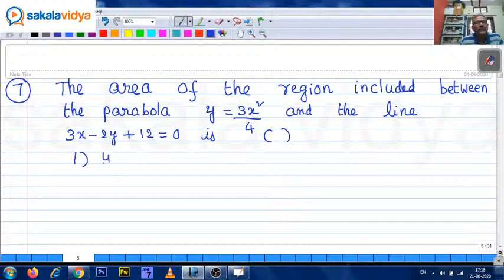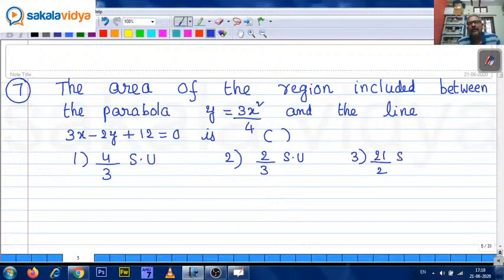First option 4 by 3 square units, second option 2 by 3 square units, third option is 21 upon 2 square units, fourth one is 27 square units. The area of the region included between the parabola y equals 3x square upon 2 and the line 3x minus 2y plus 12 equals 0, that we need to find out. 8a square by 3m cube.